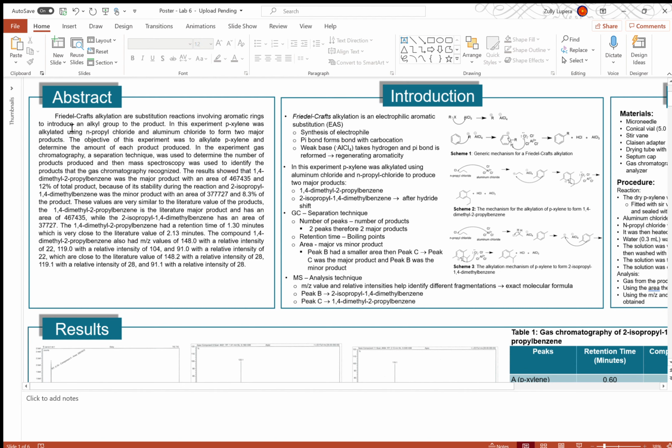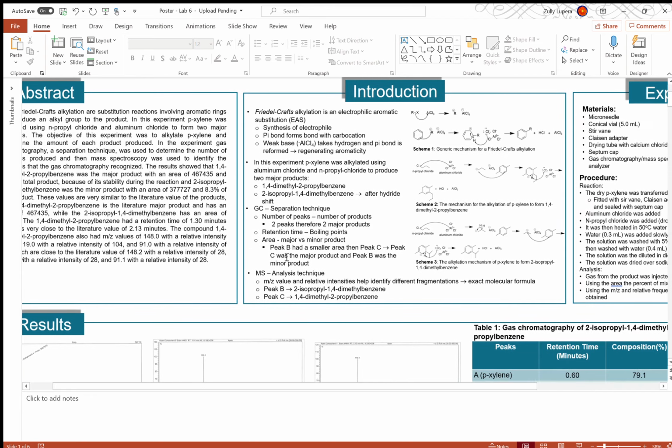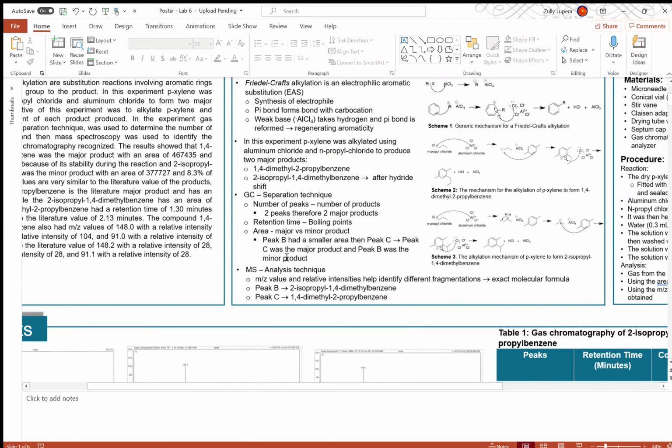Using the gas chromatography, we determined that there were three main peaks. One was the p-xylene and the other two were the two major products. We also determined from the m/z values and their intensities the different fragmentations, which allowed us to identify the exact composition of each product.